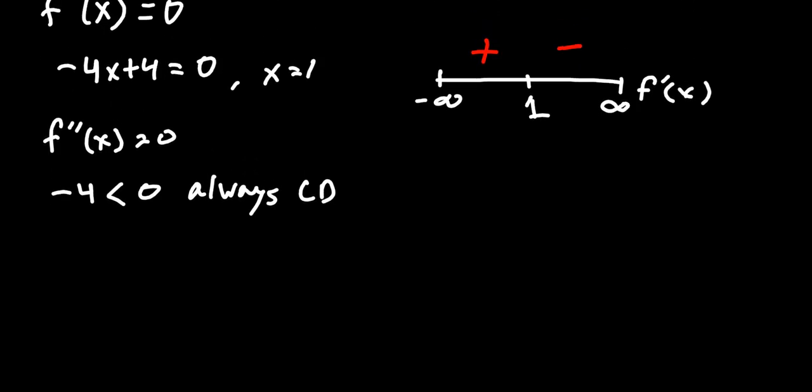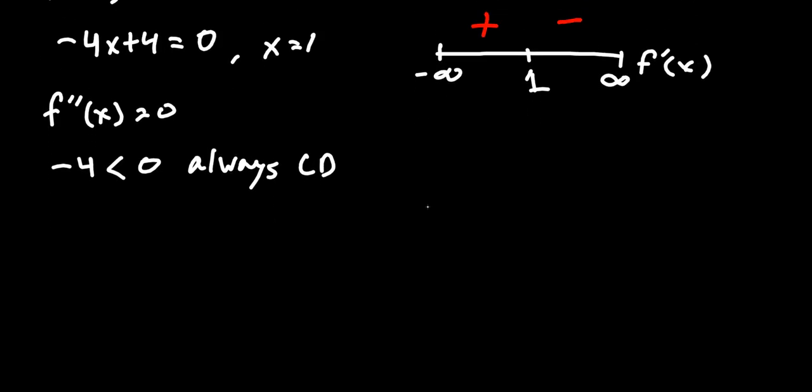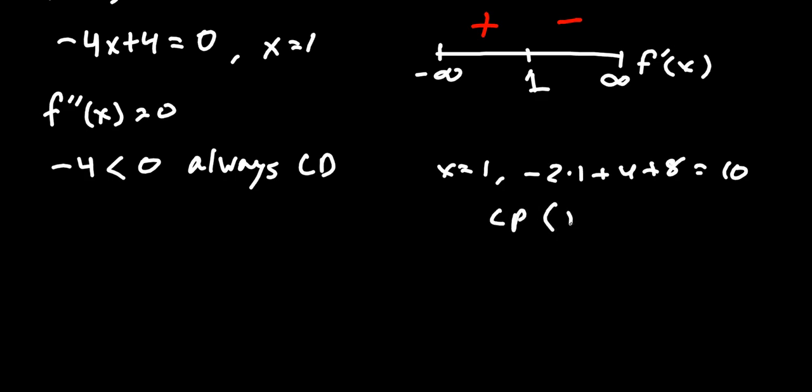So let's specify our critical point. If we plug in x equals 1, we get negative 2 times 1 plus 4 plus 8. In this case, this is equal to 10. So our critical point is at (1, 10).